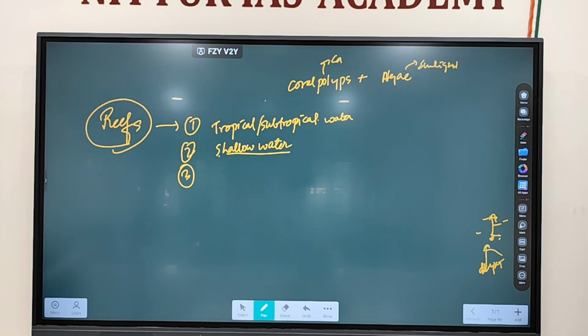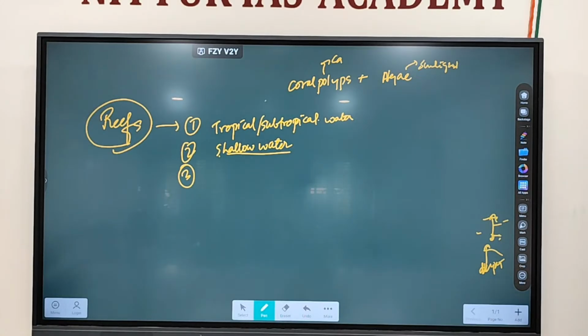Fine. The third important thing: we discussed that coral polyps require calcium, while the algae require fresh water to survive. Algae can't survive in saline water. But for coral polyps, calcium is required. Calcium will come from saline, salty water only.